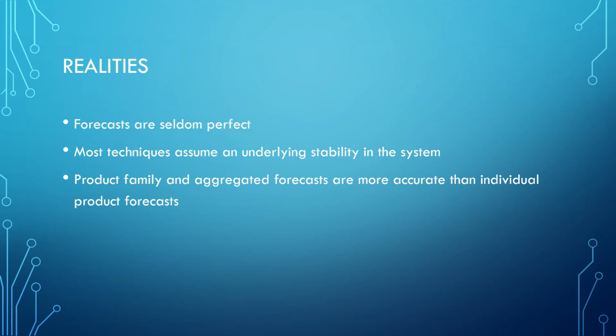Most forecasting techniques assume an underlying stability in the system, which is not true, because most systems are affected by other factors that might affect the stability of the system. Consequently, some firms automate their prediction using computerized forecasting software, then monitor irregularities. Product family and aggregated forecasts are more accurate than individual product forecasts.